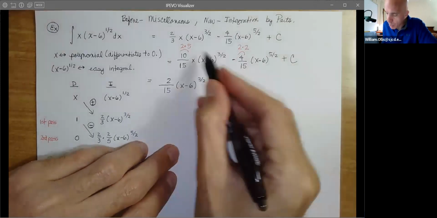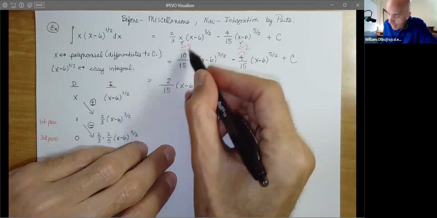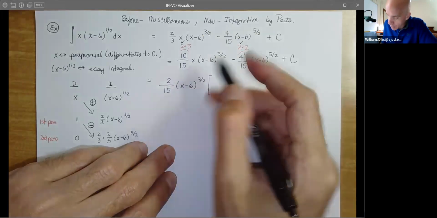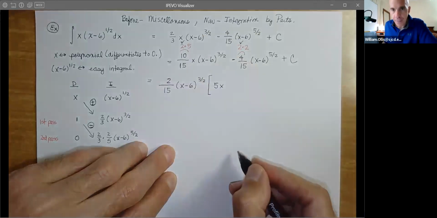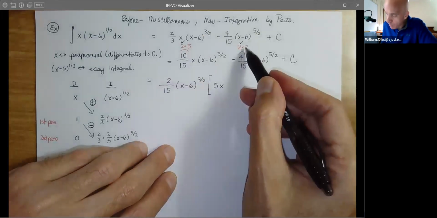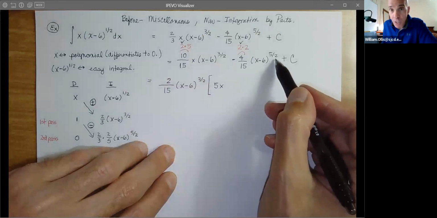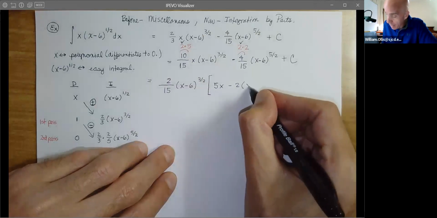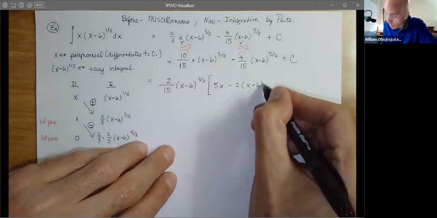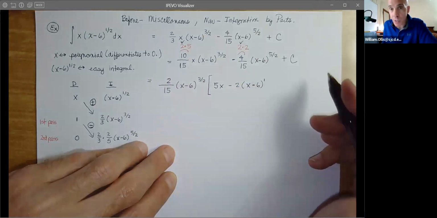So now when we look here, we extracted the 2 and the 2, but we left behind the 5 and the x. Okay? And now here, we left behind the 2, and then we have 2/2 copies of (x - 6). So we have minus 2(x - 6)^1, because the 3/2 from the 5/2 is 2/2, which is 1.